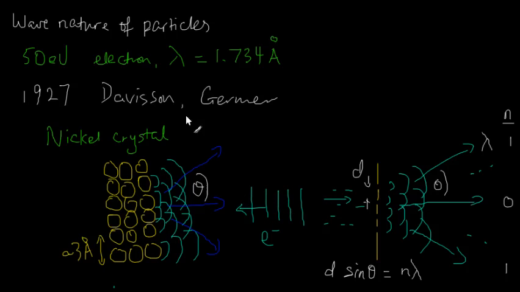So Davisson and Germer carried out these experiments with maybe around a 50 eV beam of electrons, and what they observed was actually fringes, right?